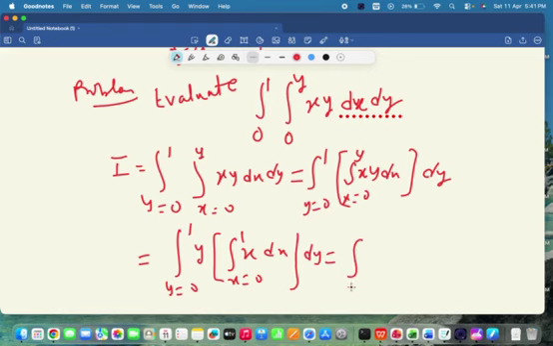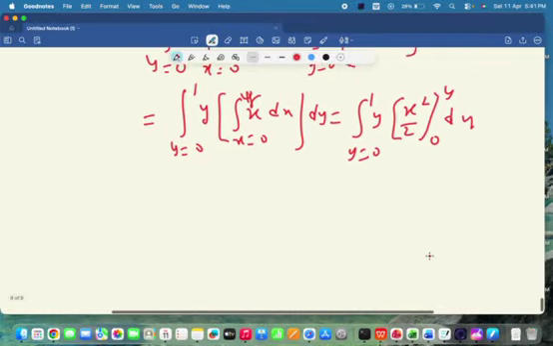Okay, and this limit we have already done, x square by 2, and 0 to, oh sorry, this is y, and then dy.